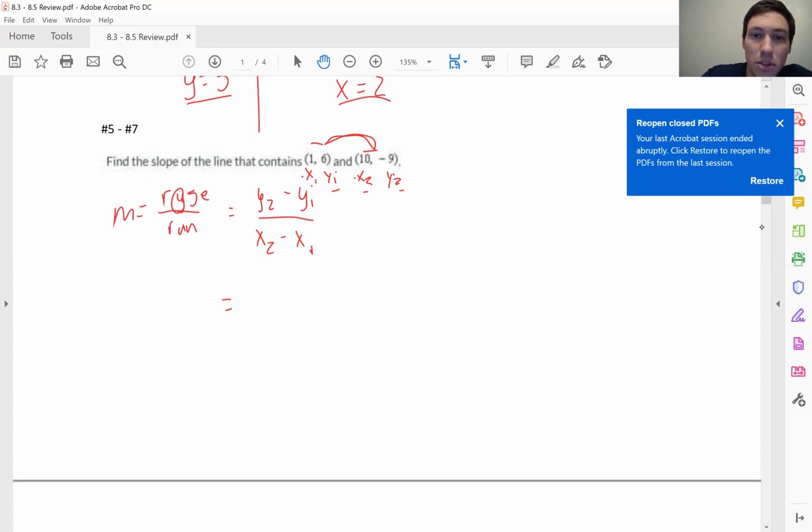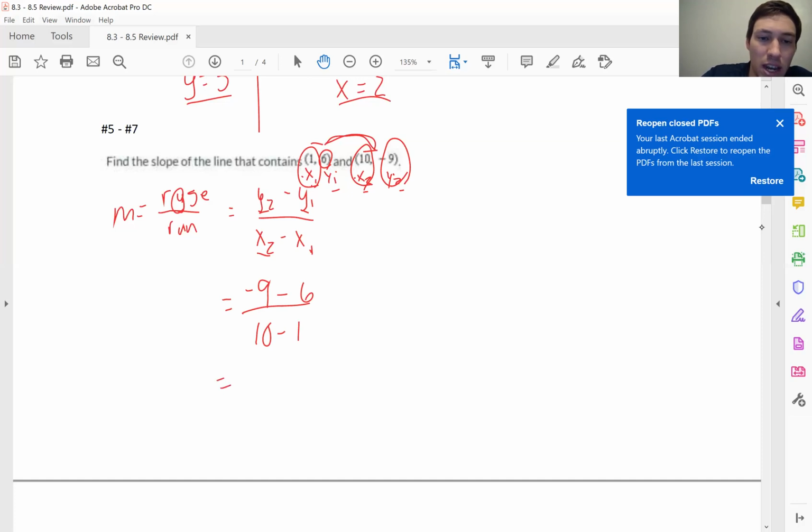All right, so now I just got to plug into the formula. So my y sub 2 is negative 9. So instead of y sub 2 here, I write negative 9 minus y sub 1, which is 6, all over x sub 2, which is 10, minus x sub 1, which is 1.